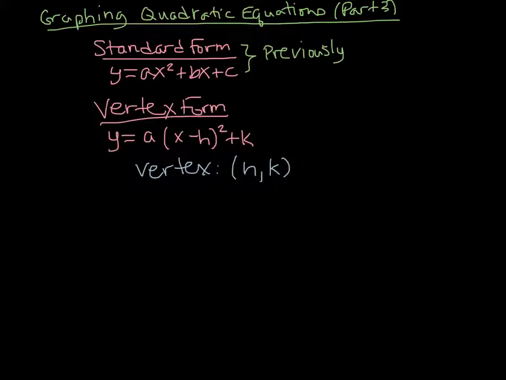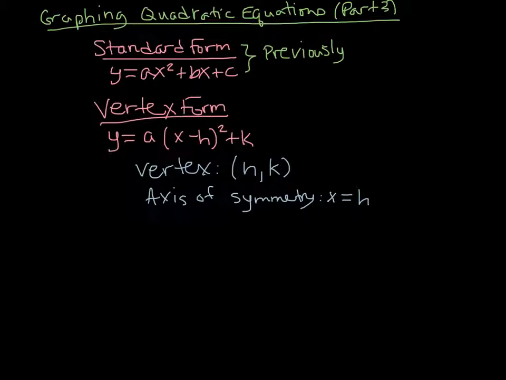So in addition to that, you are going to have an axis of symmetry. As with the previous section, the axis of symmetry is going to be your x-coordinate. It's going to be a line at x equals h.